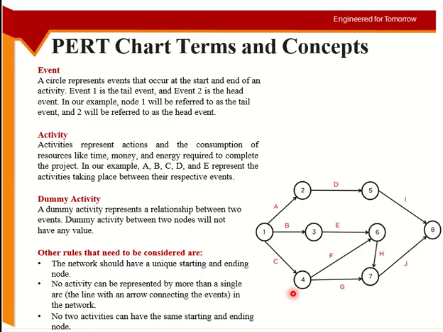And each activity should have either a unique start node or a unique end node or both of them. So an activity cannot have the same start and end nodes as another activity.